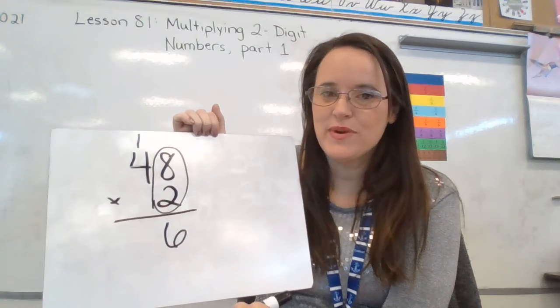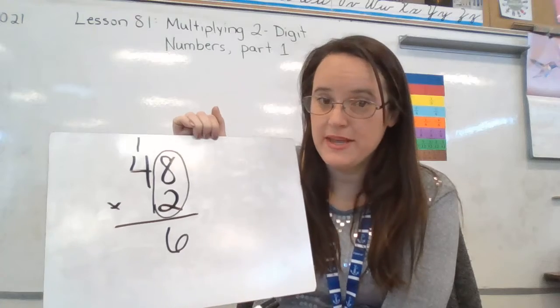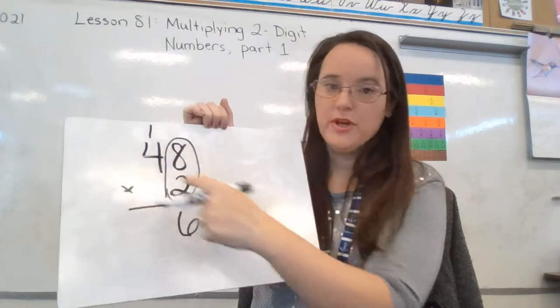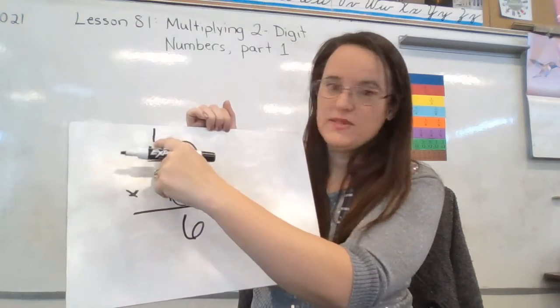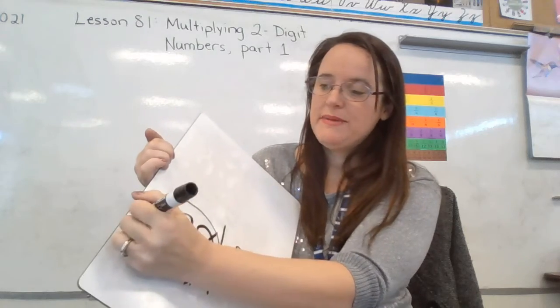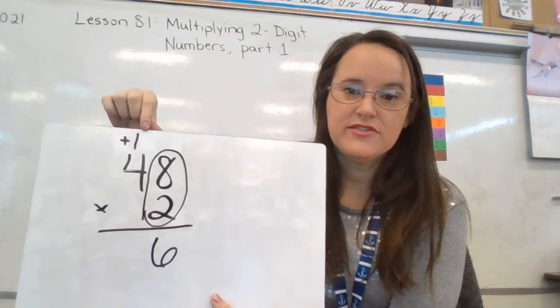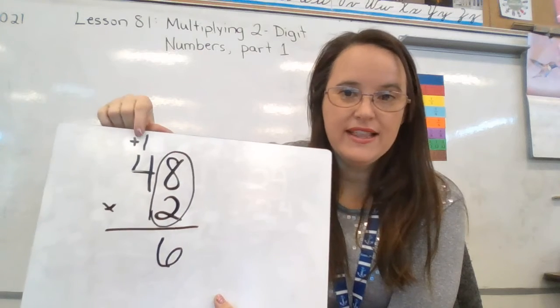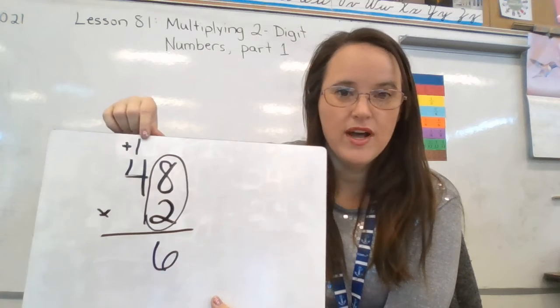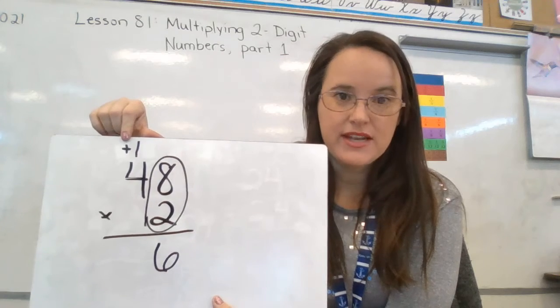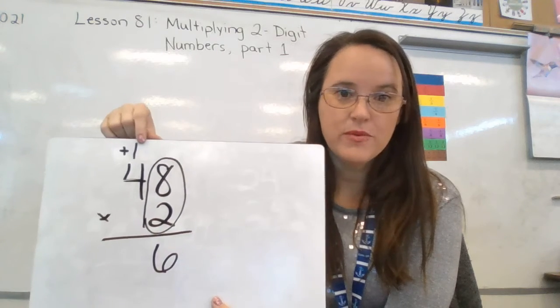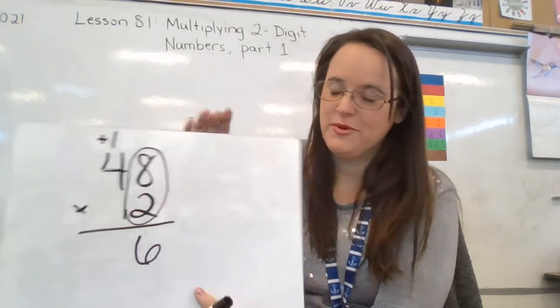Now, here's where it changes just a little bit. Here we're multiplying. This 1 up here is going to be added to our answer. So instead of just carrying a 1, I like to carry a little plus 1, so I remind myself that I'm going to be adding that number when I get to it in just a moment.